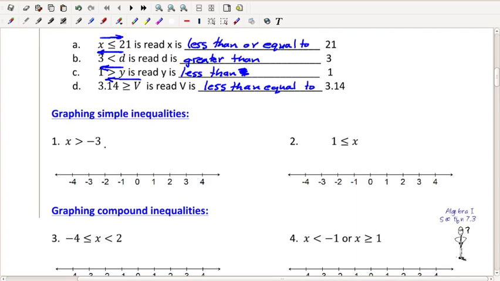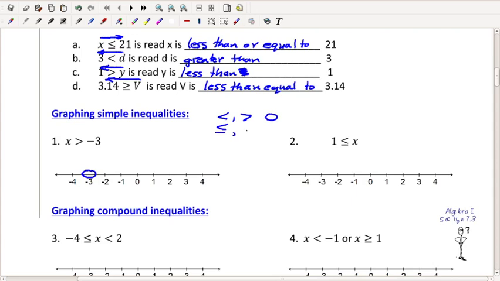So for example, this one is x is greater than, because it's getting eaten, negative 3. So I start at negative 3 and I draw a circle there, and then I think about, do I need to fill in this circle? Anything which doesn't include that actual point, so -3 is not less than -3, so less than or greater than is going to be an open circle.